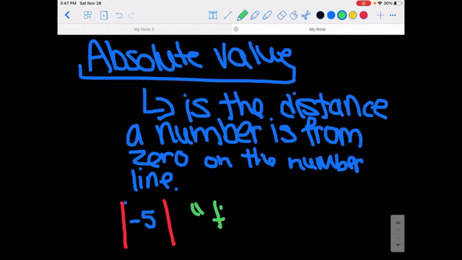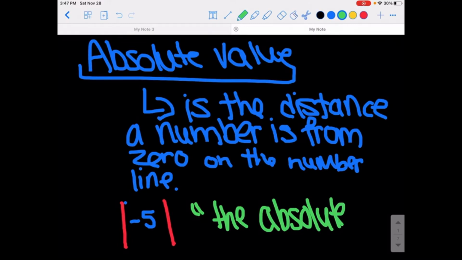Now the absolute value of -5 is 5. If you think about it on a number line, how many units away is it from 0?